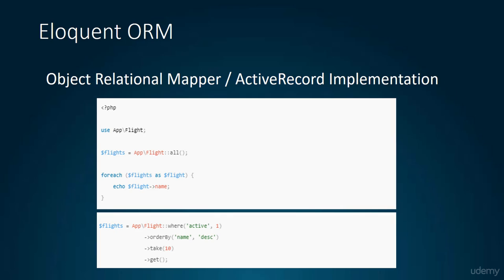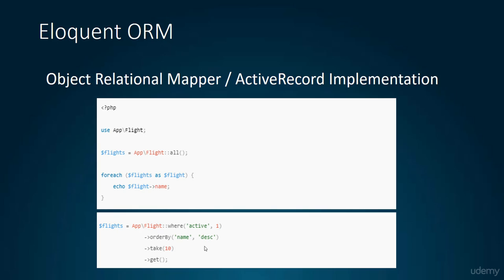All right, so Laravel also uses something called Eloquent, which is an ORM, which stands for Object Relational Mapper, and this uses active record and makes it very, very easy to work with the database. So for instance, if we want to, let's say, get all the flights from the flights table, instead of doing select all from flights and doing our custom SQL, we can simply say $flights = Flight::all(), and that'll fetch all the records, and then we can just loop through them with a foreach loop.